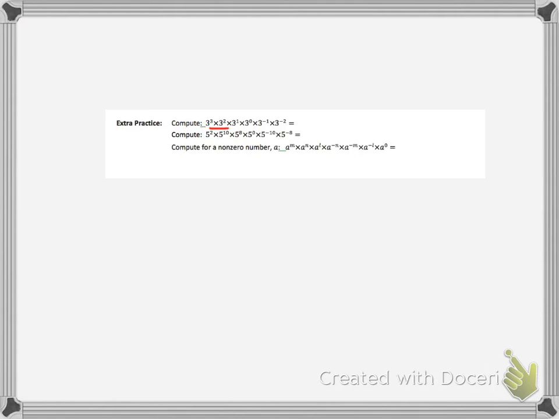All right, so let's take a look at some extra practice here. We have our same base of 3. And when we're multiplying the same base, we know we can add the exponent. So for that first extra practice, we have 3 to the 3 plus 2 plus 1 plus 0 plus negative 1 plus negative 2.